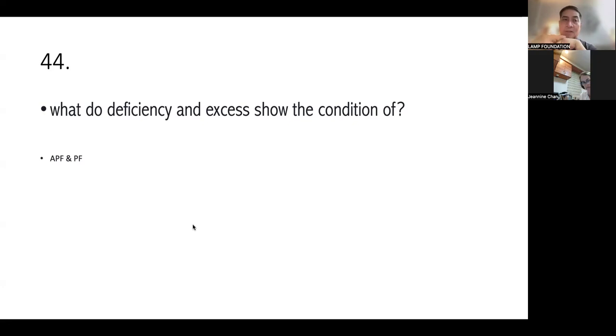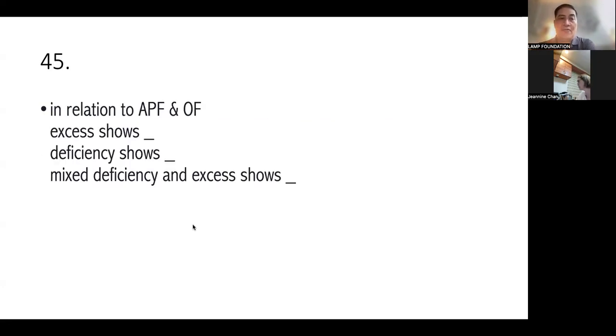Number 45, in relation to APF and PF: excess shows full, deficiency shows empty.